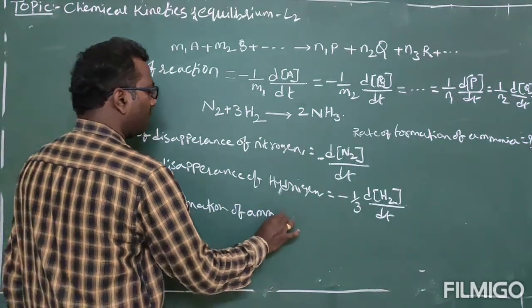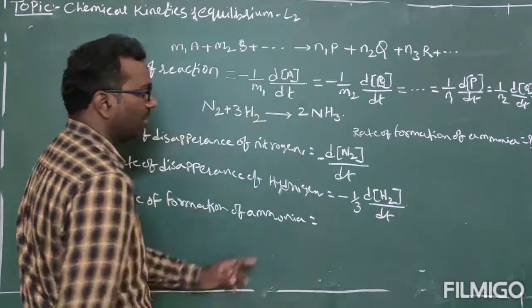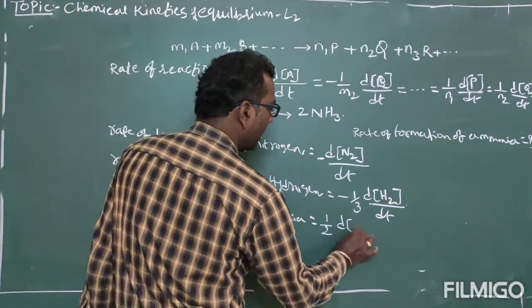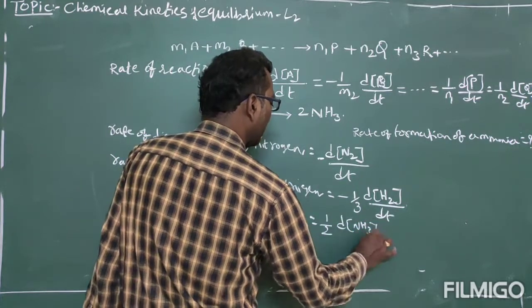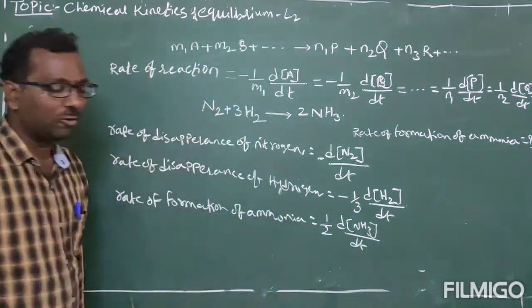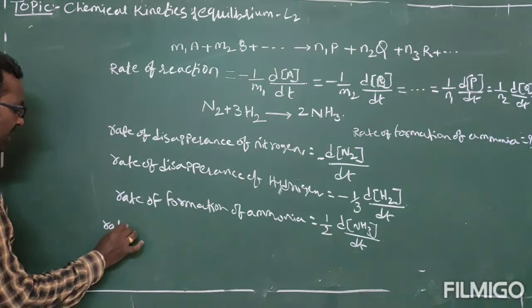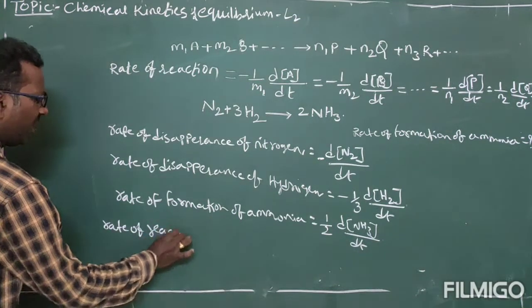Next, rate of formation of ammonia is what? Rate of formation of ammonia is 1 by 2 dNH3 by dt. Now what we have to find? Here we have to find the rate of formation. Now the rate of reaction. So what is the rate of reaction?